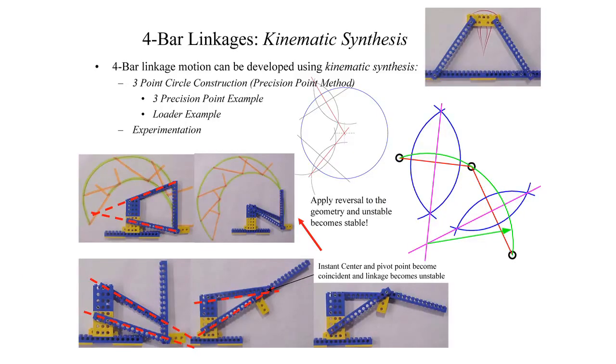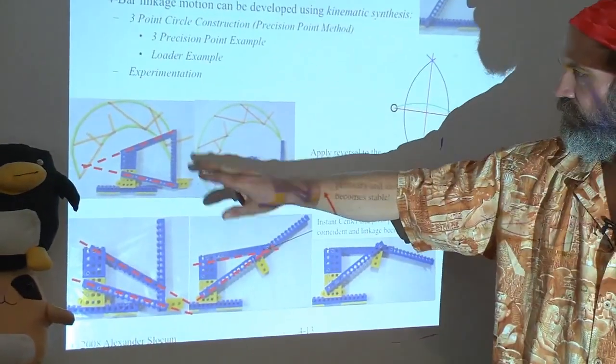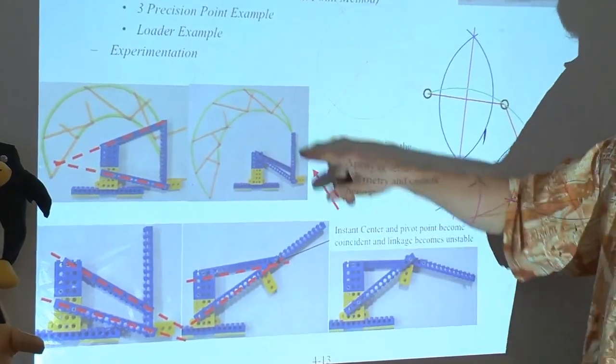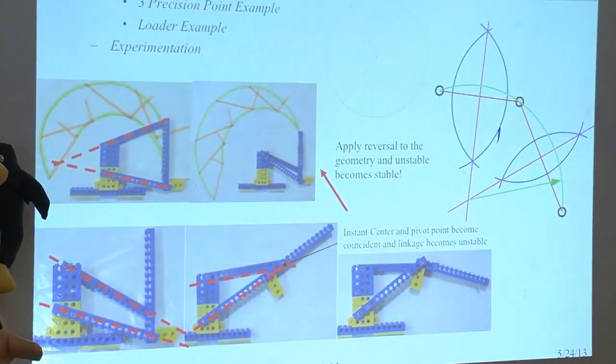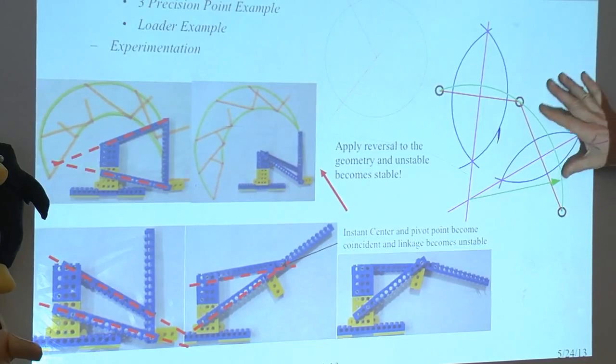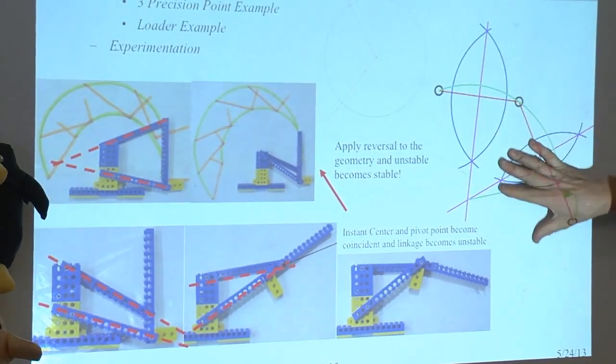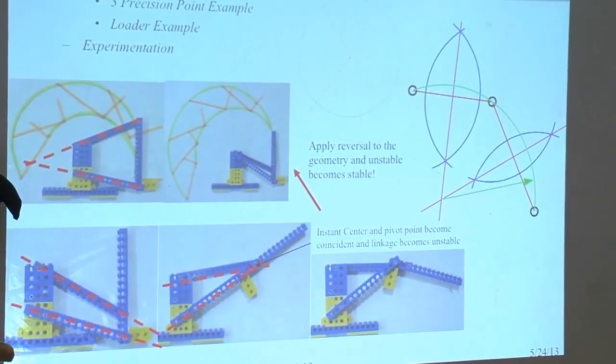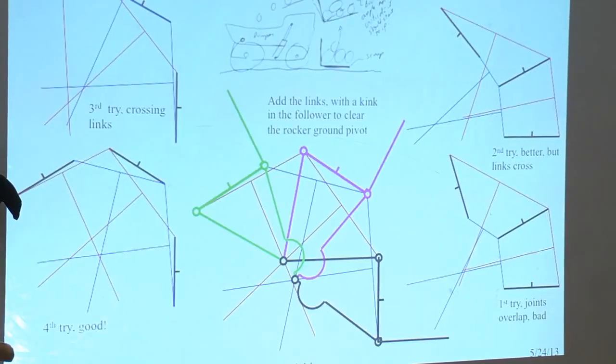A very, very important type of kinematic synthesis you can do graphically is called the 3-point circle construction, or the precision point method. Right? And how do I make this loader here with these links give me the motion I want? Okay? How do I do that? What do all these lines here mean? Remember, there's the text that goes with the pictures here. Okay? So let's do an example.